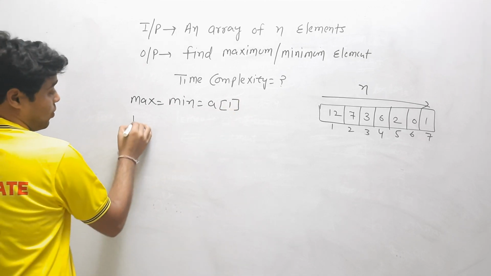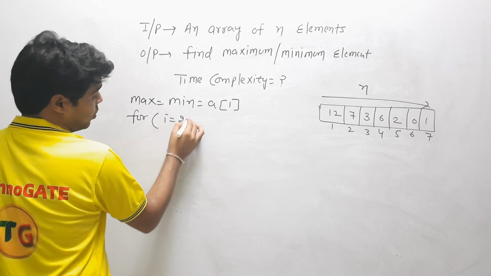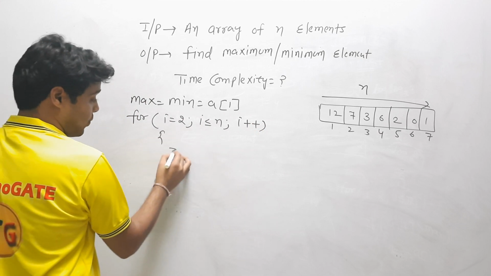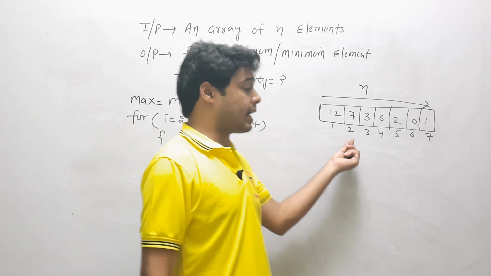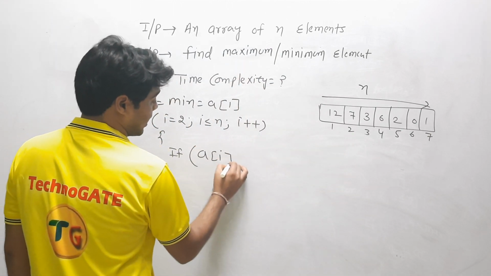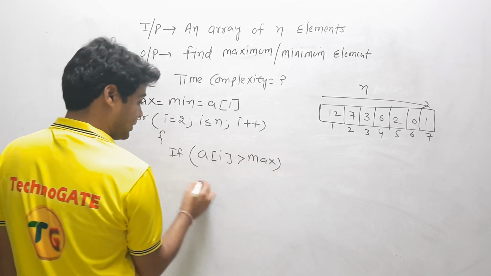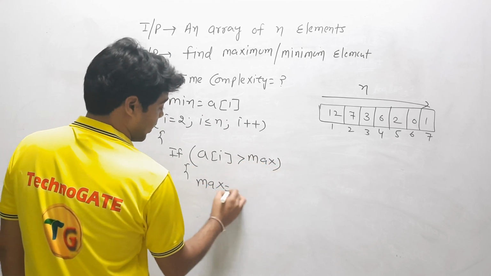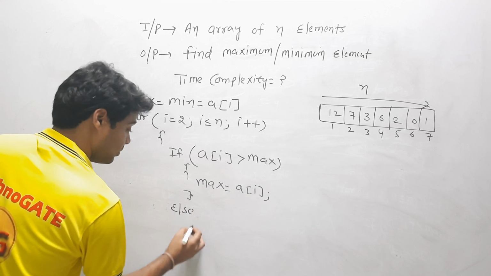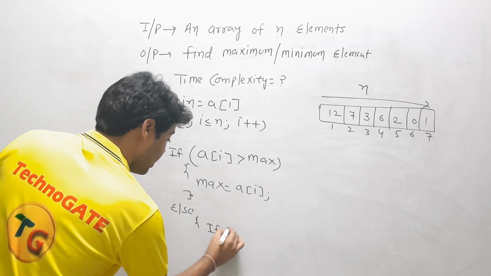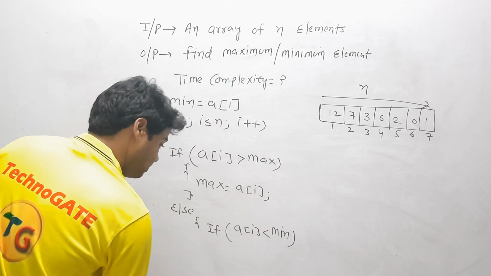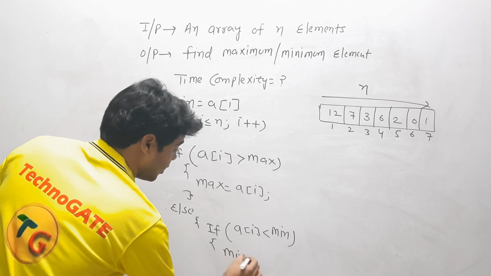Now there is a for loop, i from 2 to i less than or equal to n, i plus plus. If a of i is greater than maximum, then update maximum: maximum is a of i. Else if a of i is less than minimum, then update minimum: minimum is a of i.